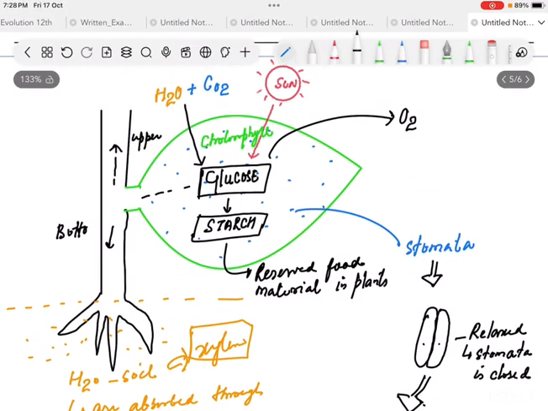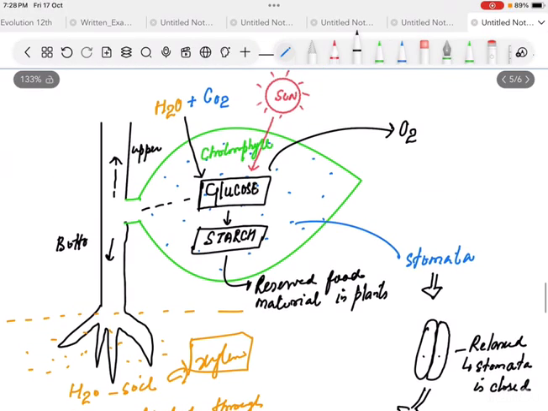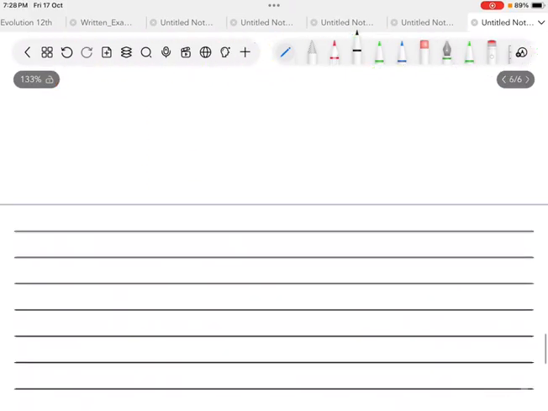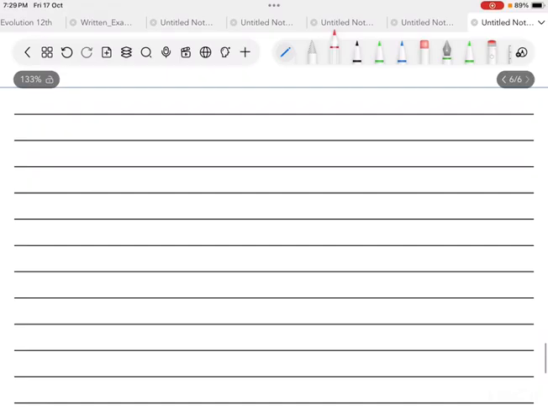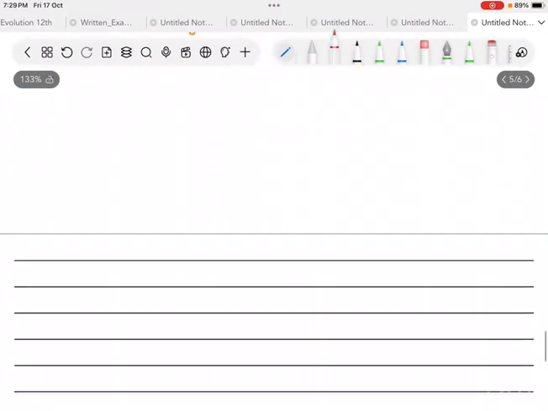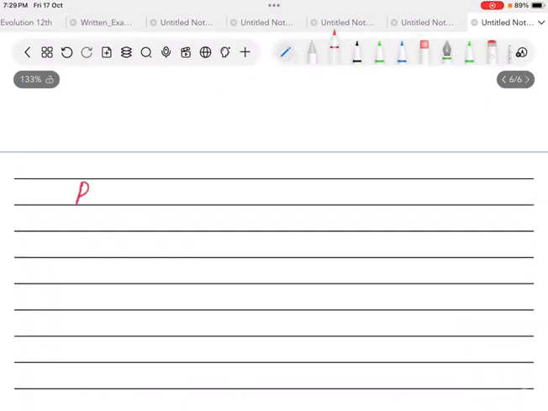Now we have understood this process of photosynthesis, but for understanding the more advanced level of photosynthesis, we divide the process of photosynthesis into two parts.